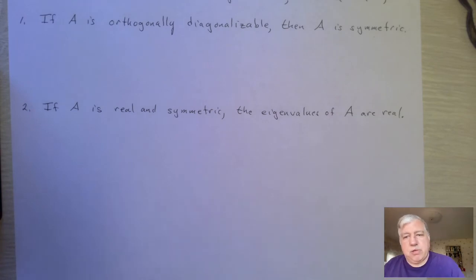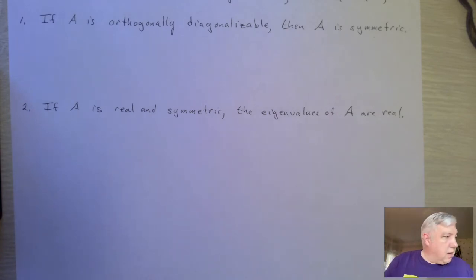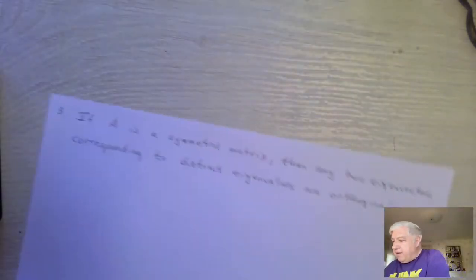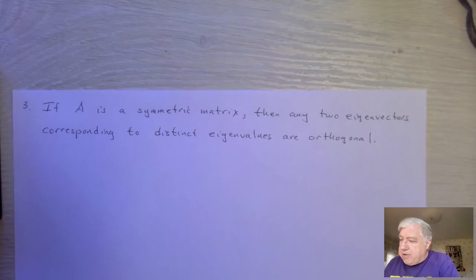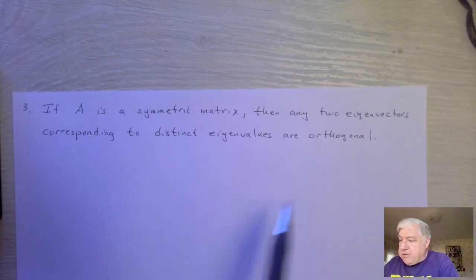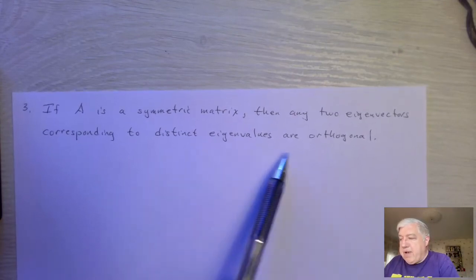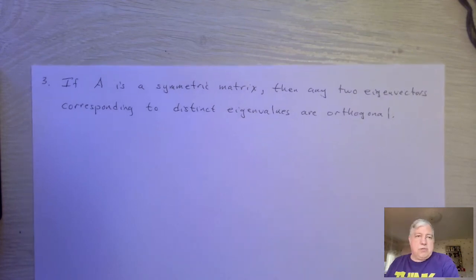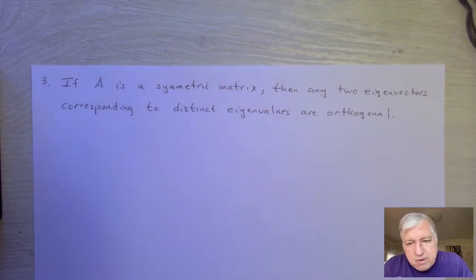Well, they were certainly real in our example, because 2 and 4 are real. We're also going to see that if A is a symmetric matrix, then eigenvectors corresponding to different eigenvalues are orthogonal. We saw that in our example, right? We saw that our eigenvectors were orthogonal to each other.